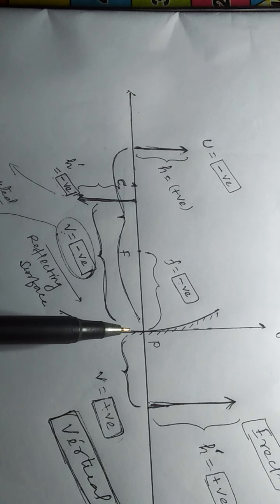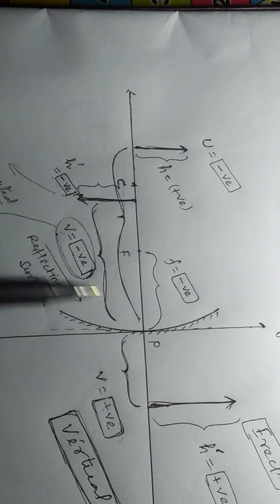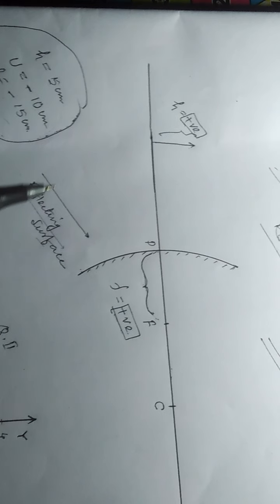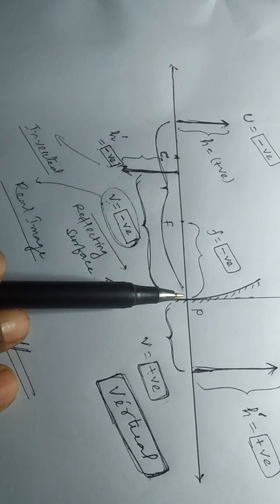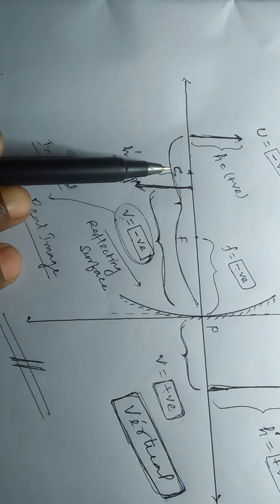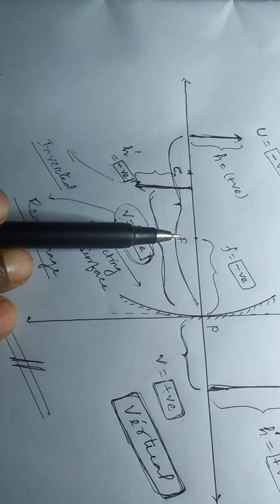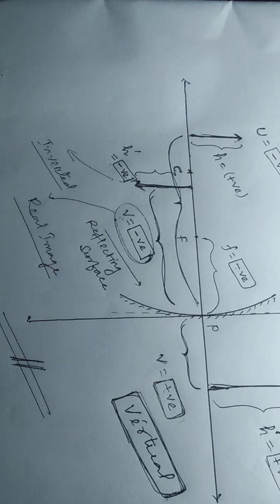If you see concave mirror, this reflecting surface is towards my left. In this case also towards my left, but in this concave mirror you see center of curvature and focus point is towards left again.